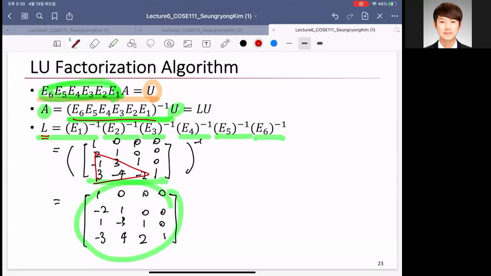Then, again, what was the original matrix A? Here.